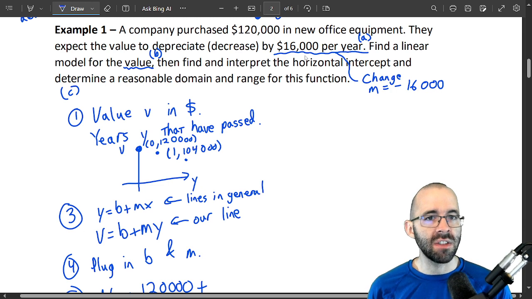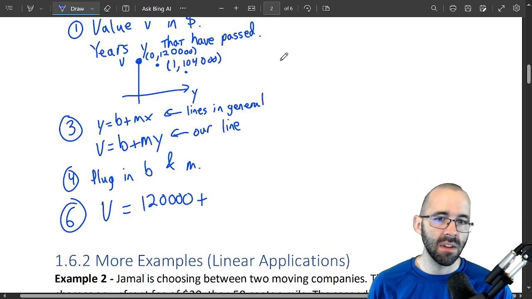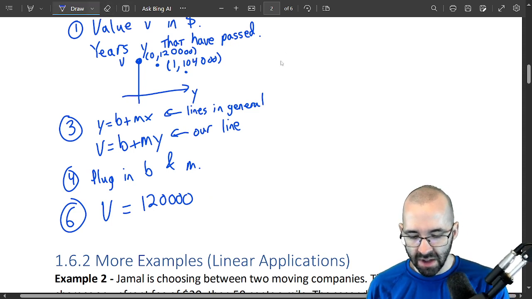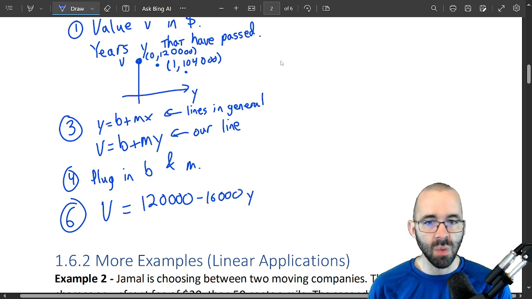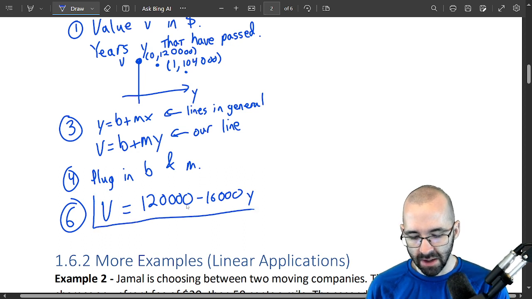If your rate of change is decreasing, that means your rate of change is negative. So it's not going to be plus 16,000 anymore. It's going to be minus 16,000 times our input variable, which is y. Good. It wanted a linear model. We found our linear model. There it is. That will be our linear model.